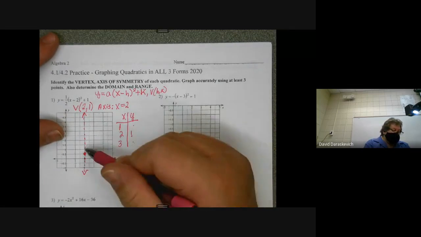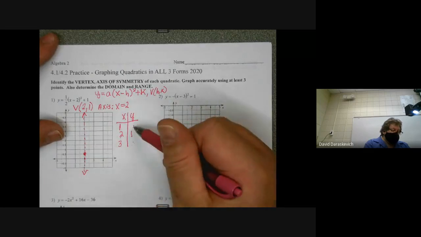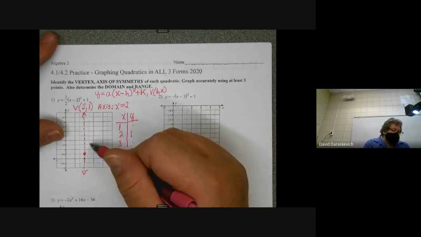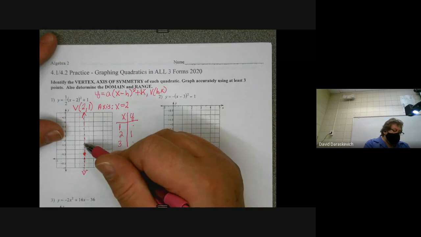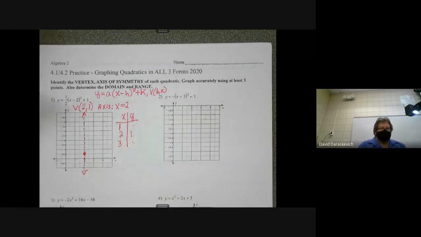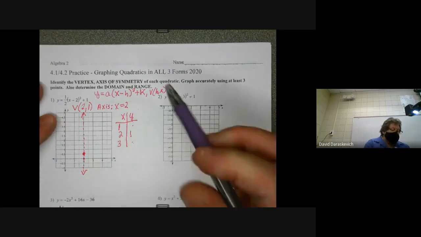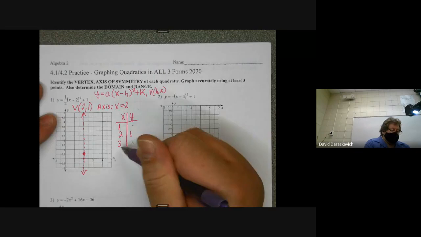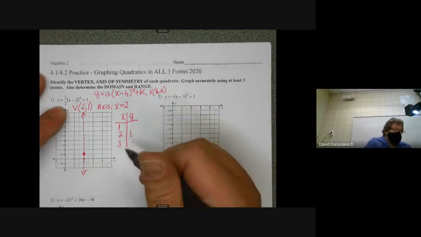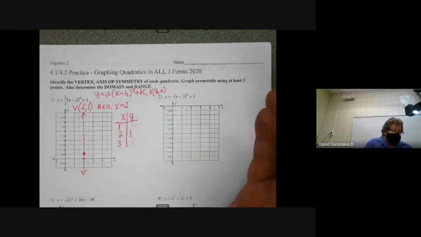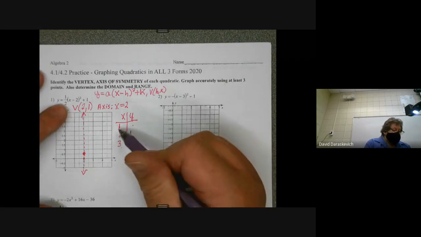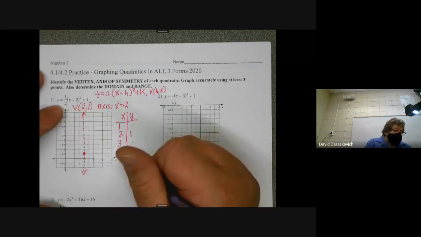Secondly, I could always use my axis of symmetry. Once I get this one, I plot it, and then I can easily plot the other point off of my axis. So I really only need to do one of these. I'm going to do 1, because I think it'll be easier than 3, although I may or may not. Okay. So I'm going to plug in 1 for x.